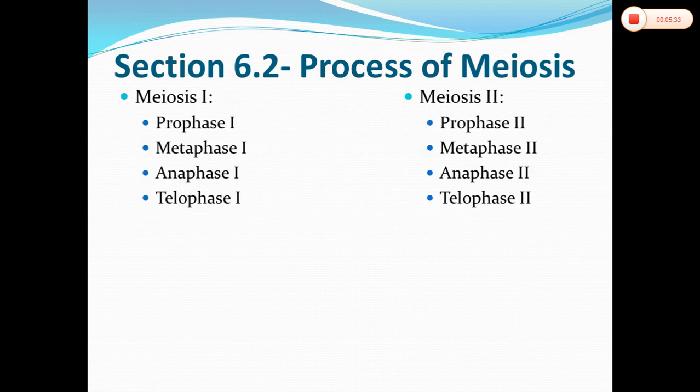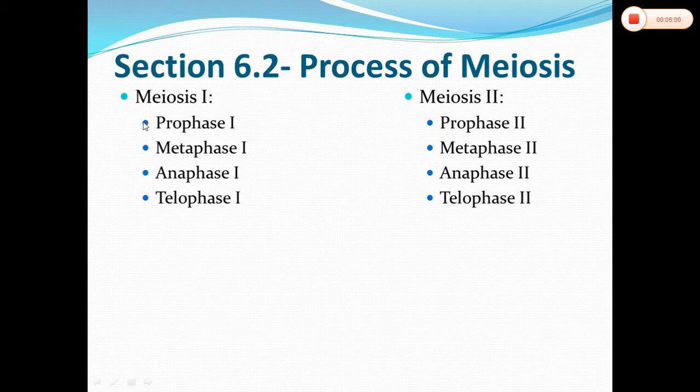What are the stages of meiosis? Meiosis division has two stages: meiosis 1 and meiosis 2. Each stage consists of phases similar to mitosis division.